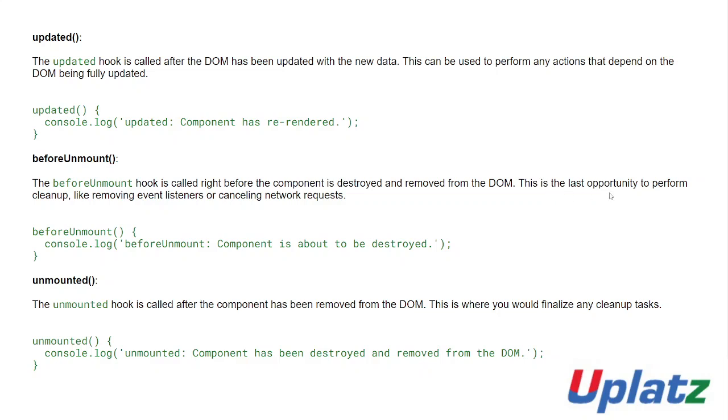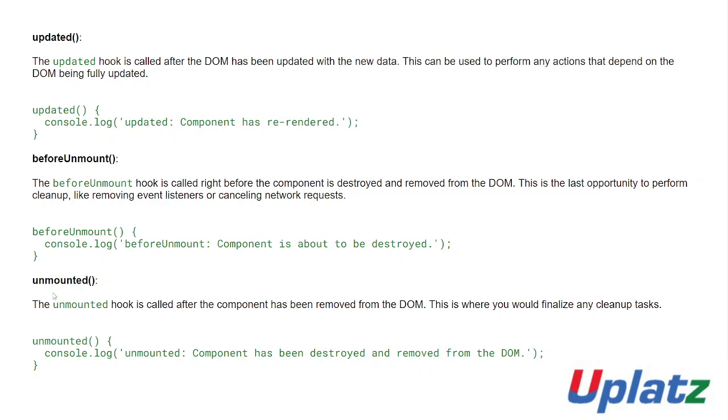This is the last opportunity to perform cleanup, like removing event listeners or cancelling network requests, etc. Before unmount within curly braces, console.log within quotes, before unmount component is about to be destroyed.